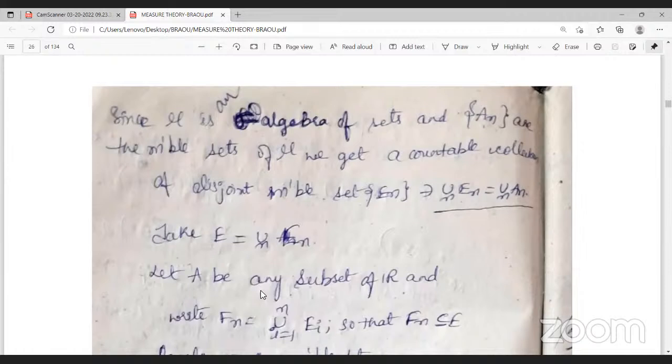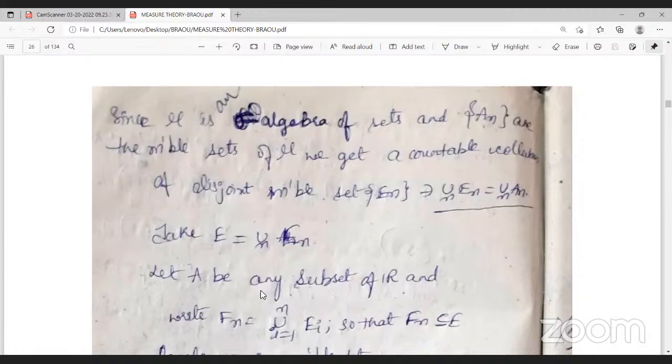Just write down here: A intersection En bar equals. What is En bar? En bar equals E1 union E2 union E3 and so on up to n minus 1, that is, the sets other than En.